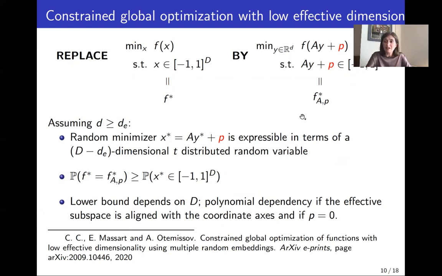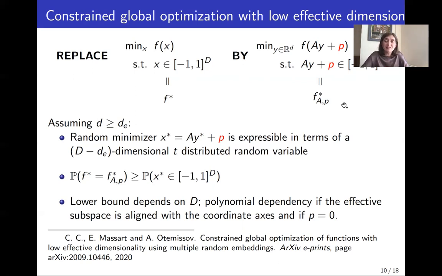What we found, however, because of the constraints here, is that this lower bound on the probability of success depends on big D. However, in the special case where we just draw the random subspaces at the origin, and when the effective subspace is aligned with the coordinate axis, we were able to establish that this probability of success depends only polynomially, not exponentially, on big D. So there is some polynomial complexity here for the special structure functions in some specific instances. That's where we were able to show it.